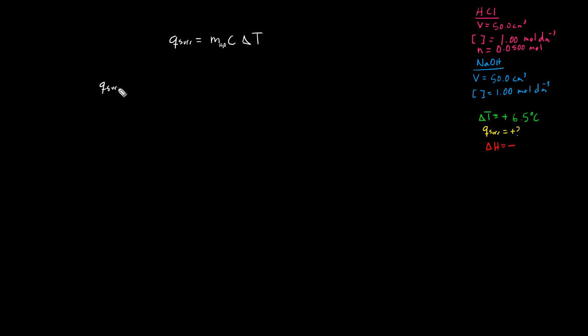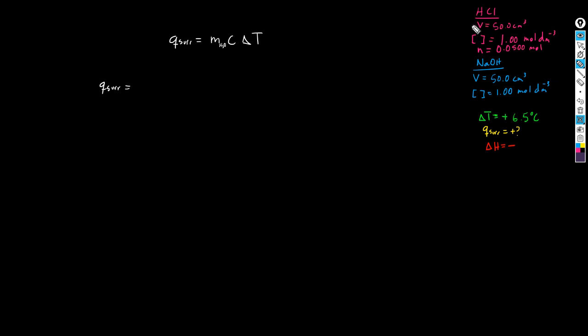Well, M can be a little tricky. Why? Nowhere here does it mention water. But what it does mention is the two solutions. And remember, solutions by volume are mostly going to be water volume.